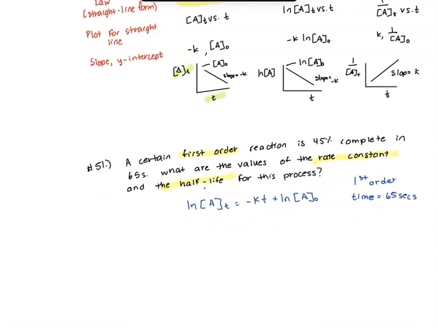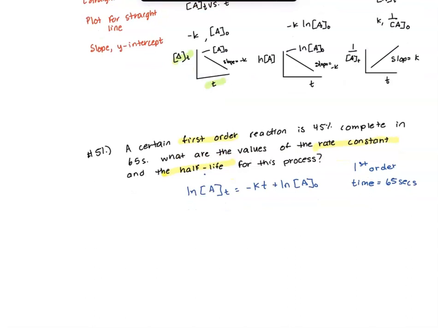Okay, so now that we have our integrated rate law, we can go ahead and start setting up this problem. What we do know is that we have 45% complete. So what we want to do with that is set up the remainder. If we have 45, that means that we have 55% remaining.